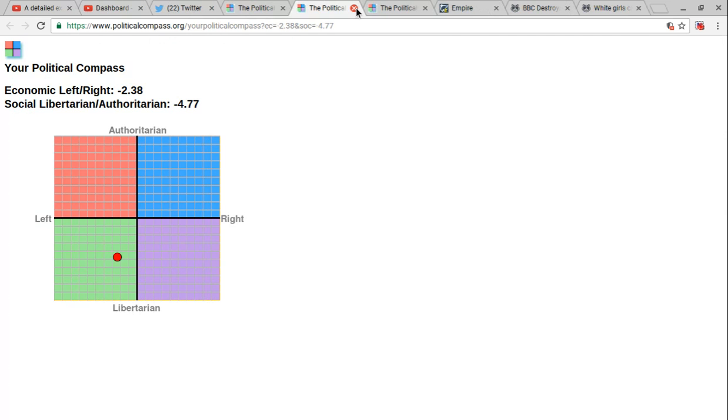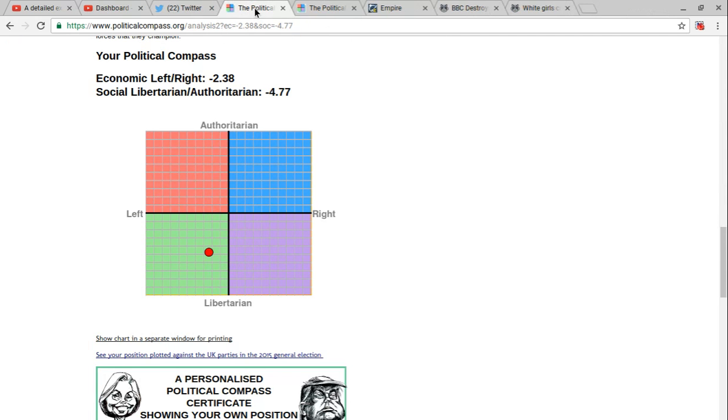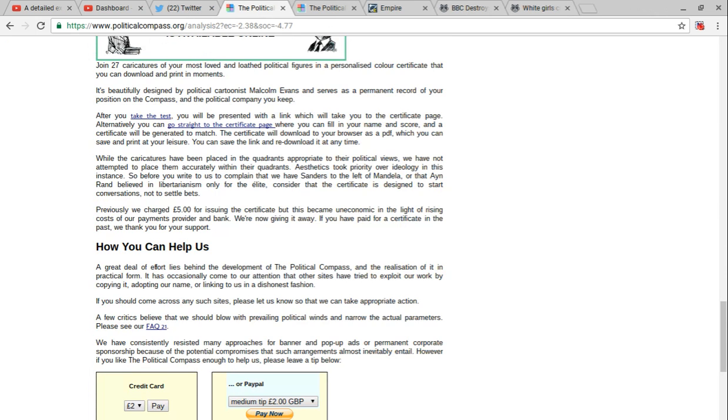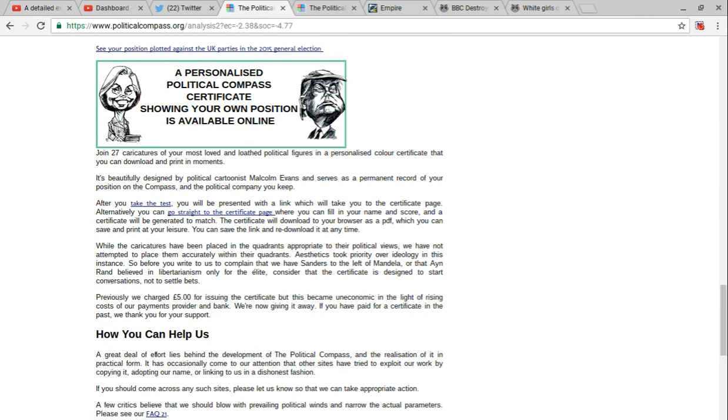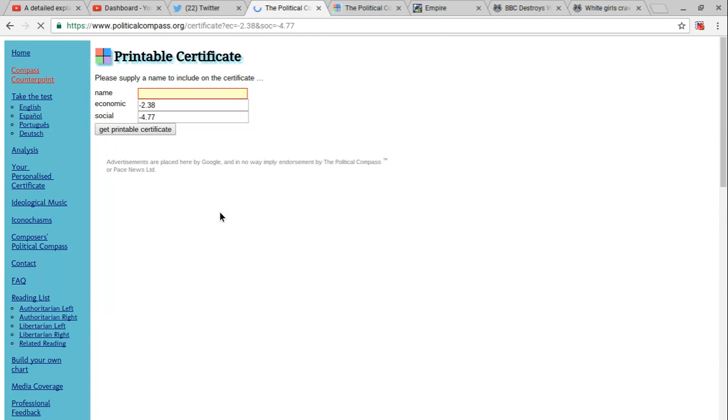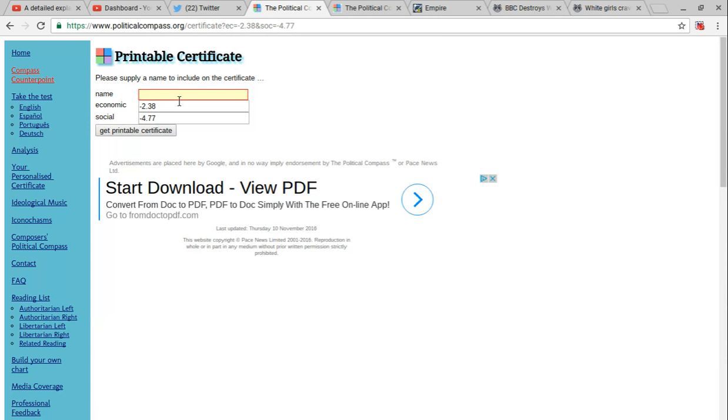And that's just that. Yay! Yay! Personalized political compass certificate showing your position available online. Oh, see? They know me. Google Chrome, man. Google Chrome, baby.